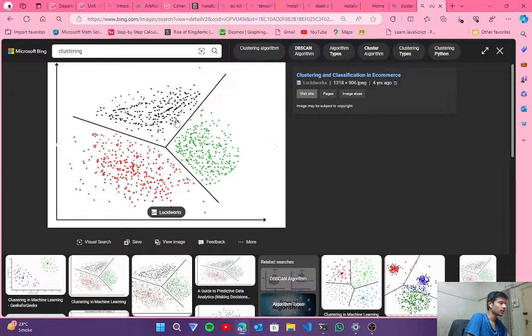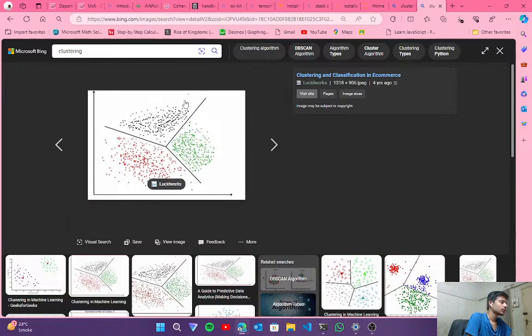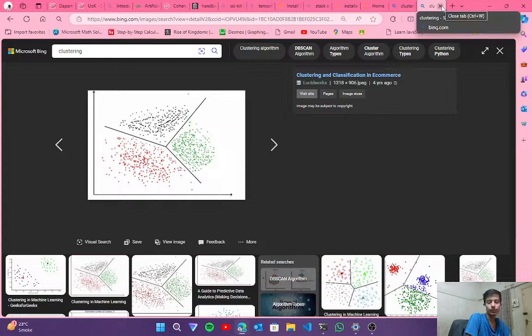Yes, there are some errors like this green and this green, and there will be some scattering like a black here and there or a red here and there. So what we are doing is we are differentiating the majority data on a side, like this green is very far away from this green, the proper cluster for it. But yeah, we can manipulate the data, we can delete these entries, because they are introducing bias in the data.